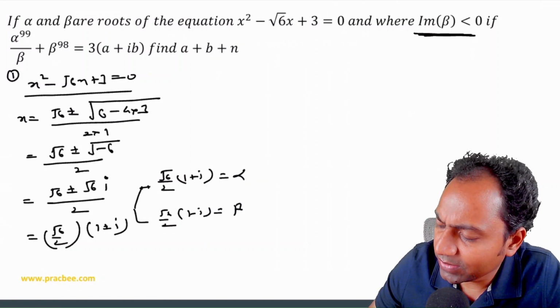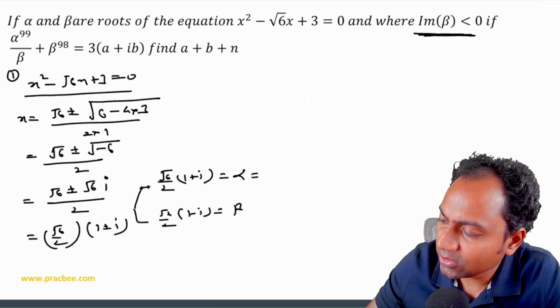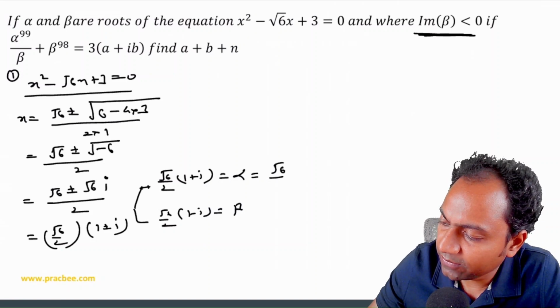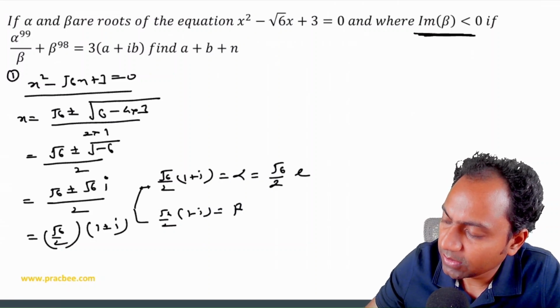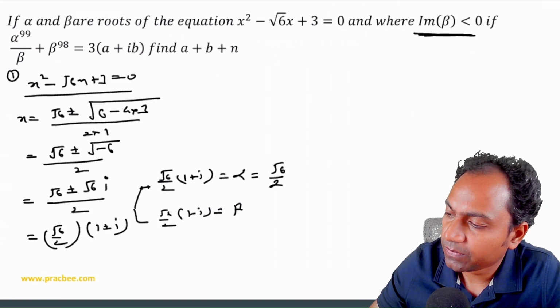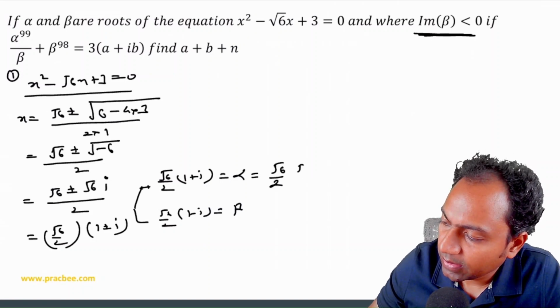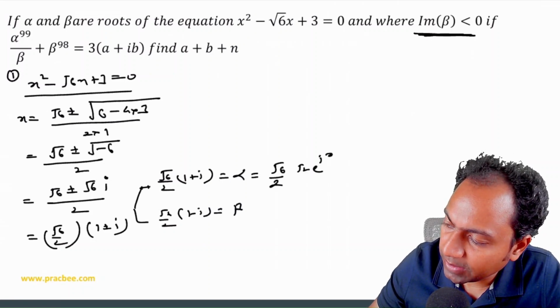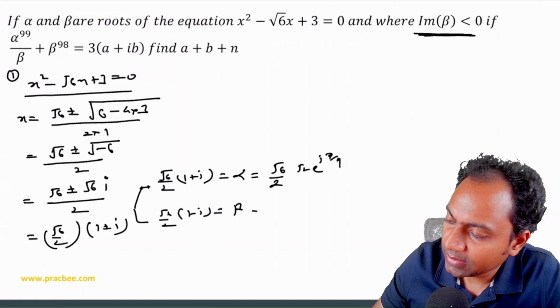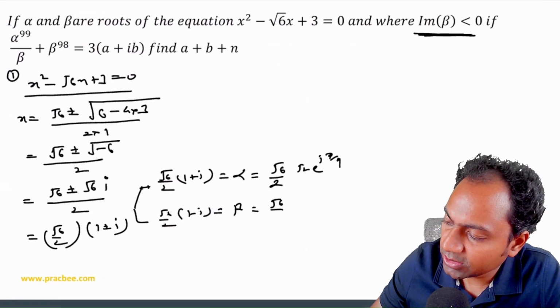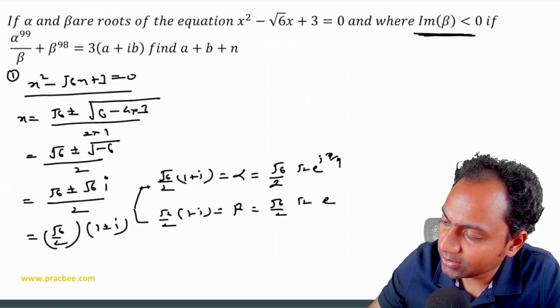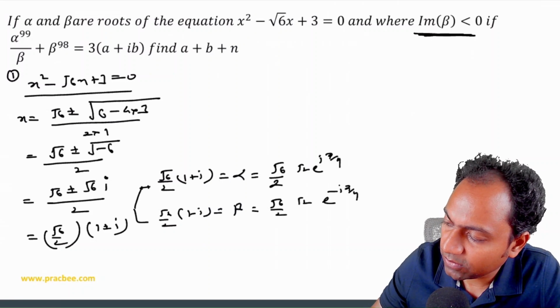Now once we have got this, if we do one very simple calculation, if we write this in Euler's form, because we are dealing with powers, this will become root 2 into e raised to the power i pi by 4. And the second part becomes root 6 by 2 into root 2 e raised to the power minus i pi by 4.